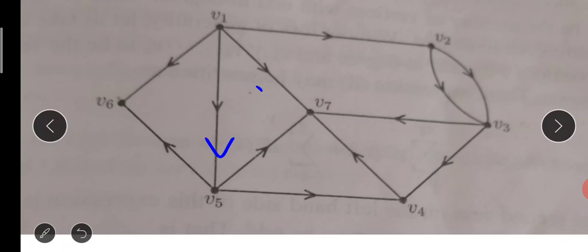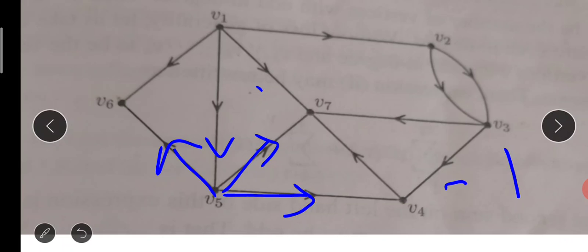Only one edge is entering into V5. So the in degree of V5 is only 1. Out degree, how many edges are going from V5? Carefully listen. From V5, the total is three. Three edges are going outside. So out degree of V5 is 3.